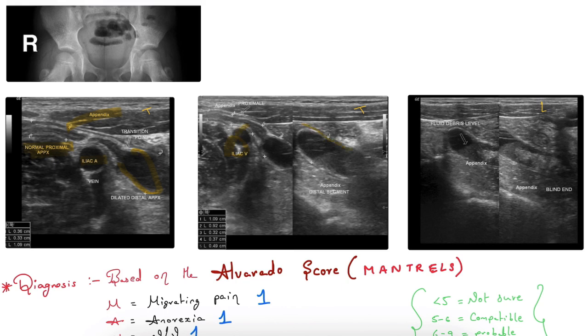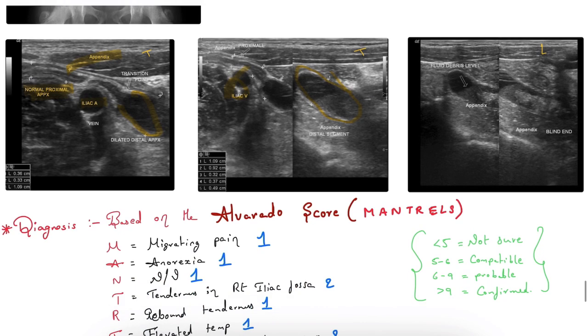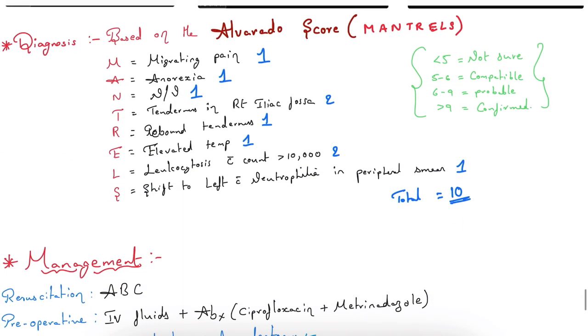So this appendix is the distal segment. In ultrasound, if you are seeing greater than 6 mm, and the appendicular wall is thick and the lumen increased, and you are seeing dilated things, then you have to suspect appendicitis.